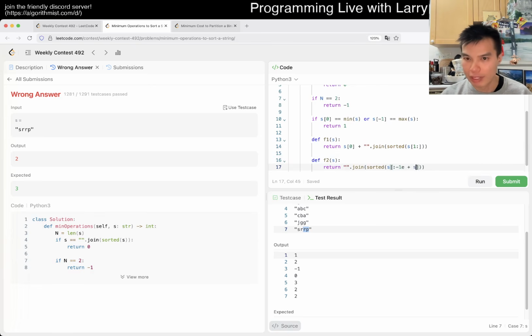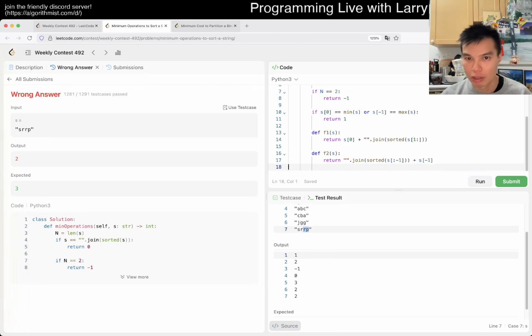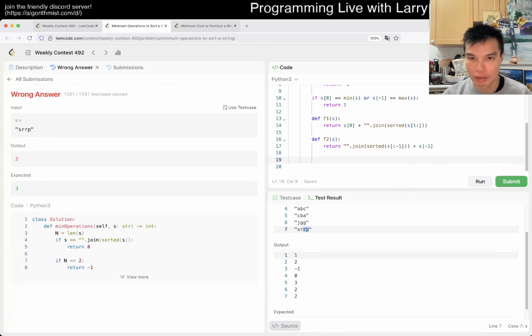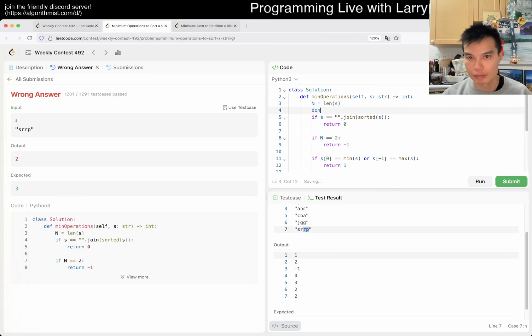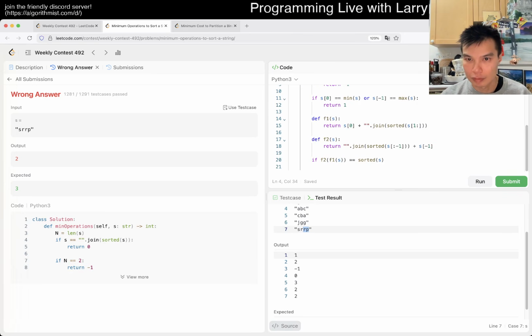Maybe I should have done this way. I thought maybe there was a rule set, but clearly I was wrong. Oh well. Yeah, whatever.